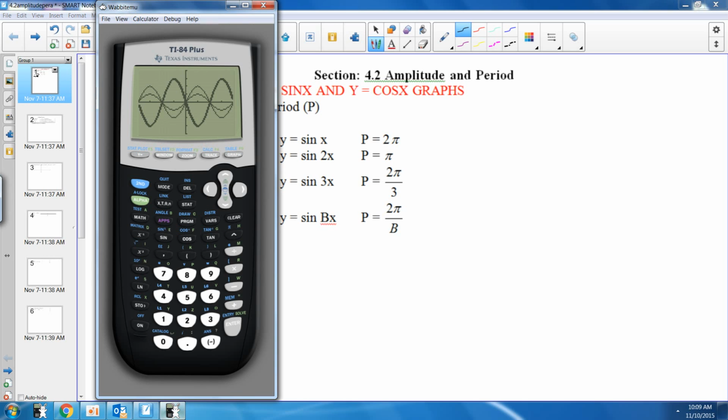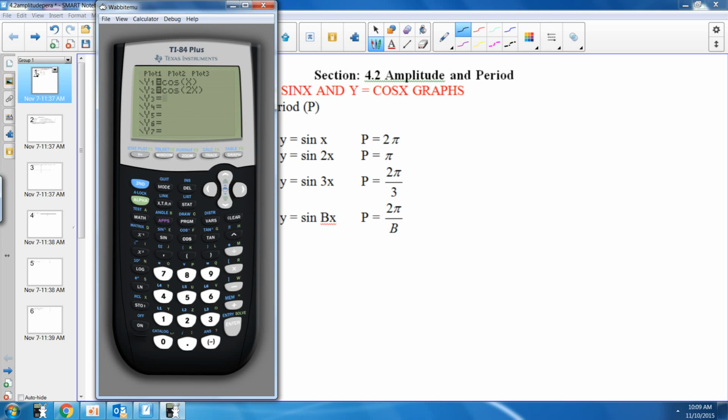And so when I go to here, again, what I'm going to do is, I think I'll do the cosine graph this time. And what I want to do is graph the cosine of 2x and see what happens there.